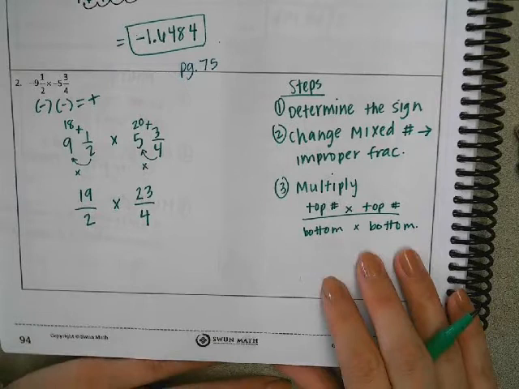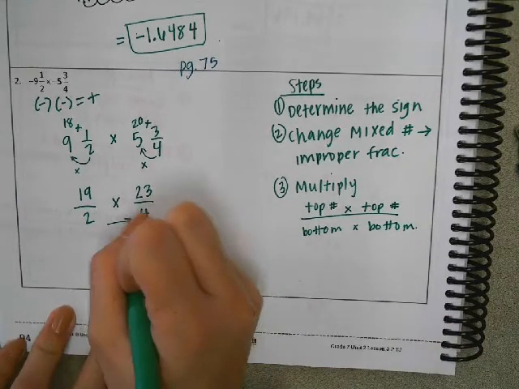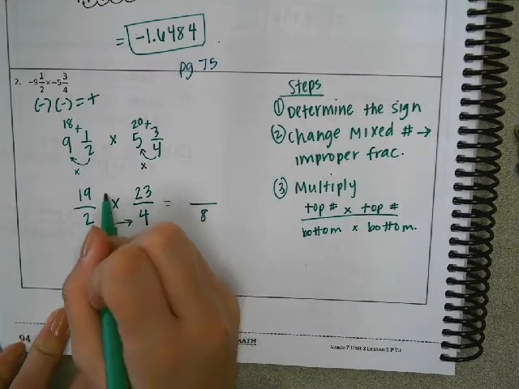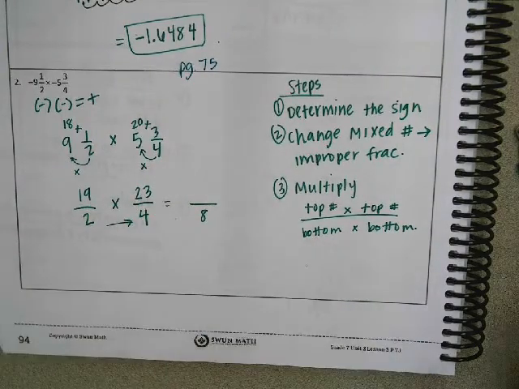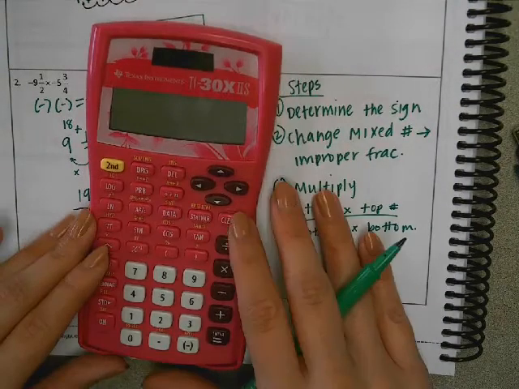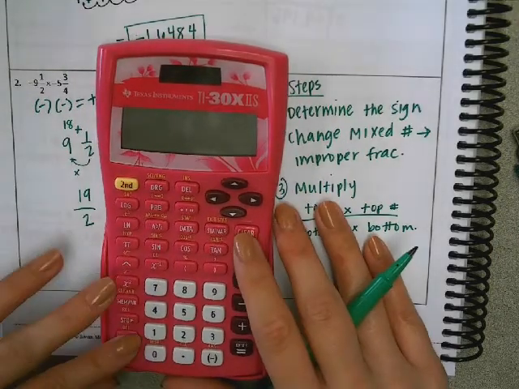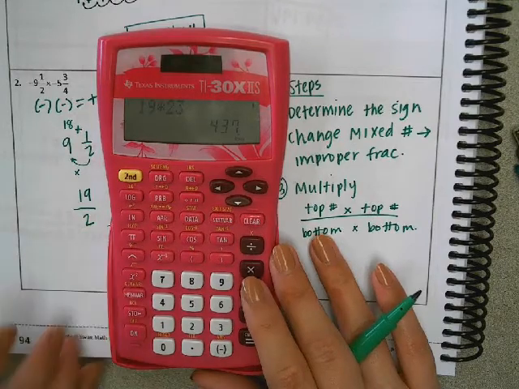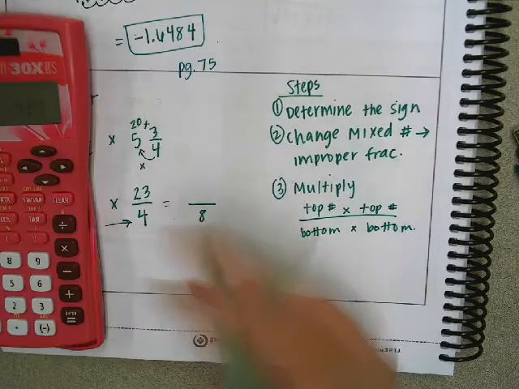Right, we're multiplying straight across. So I'm multiplying my 2 and 4 to get 8. And then I'm going to multiply 19 times 23. I don't know that off the top of my head. I'm going to use a calculator. So we have 19 times 23, 437.